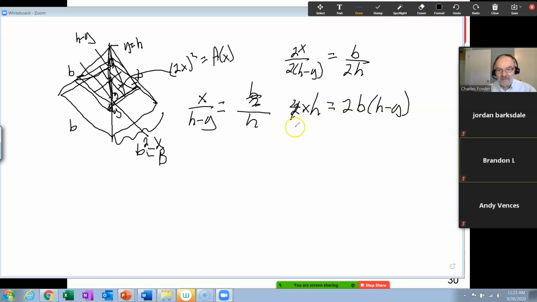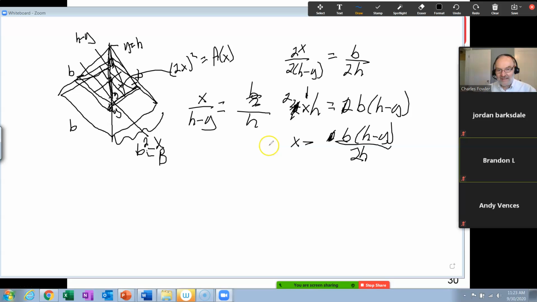Okay, so solve this for x, and you have x is equal to, well, let's factor out a 2 and have b times h minus y over 2h, sorry, 2h. Forgot about the h there.